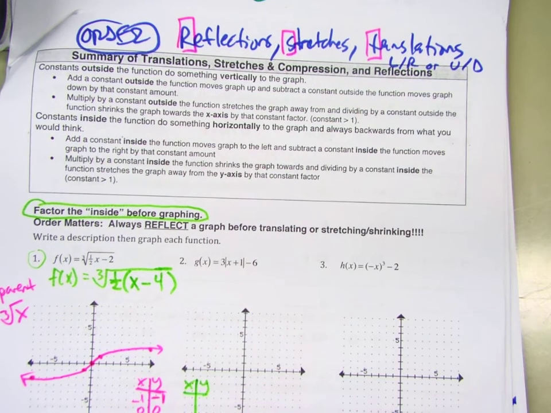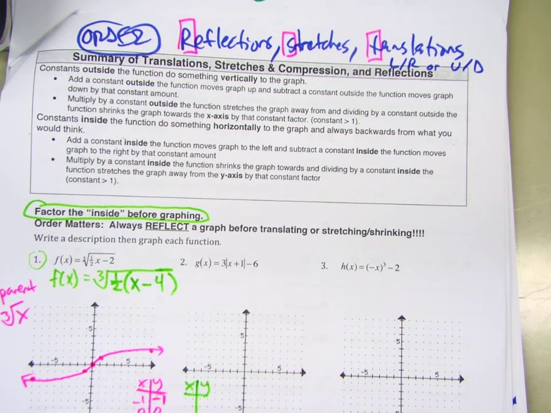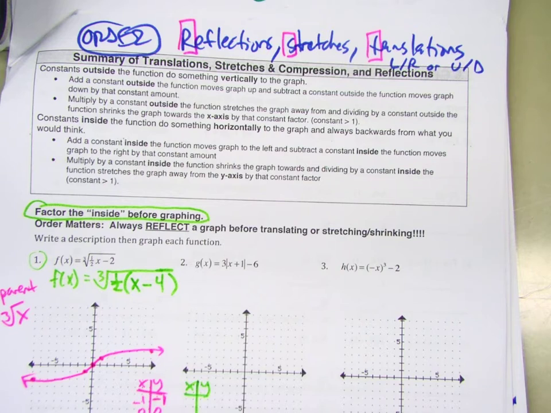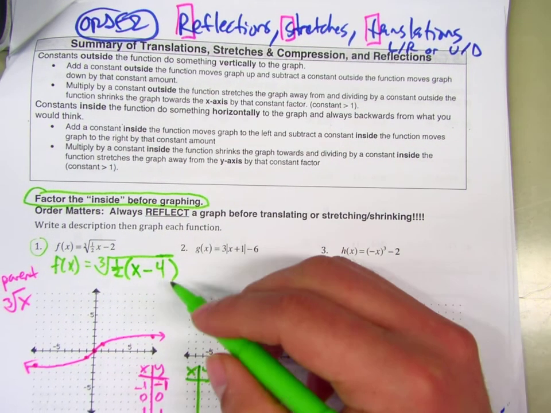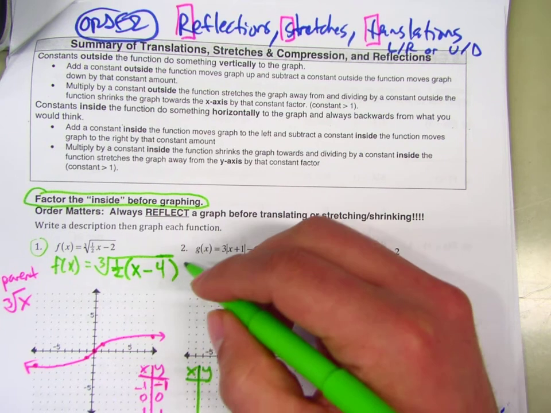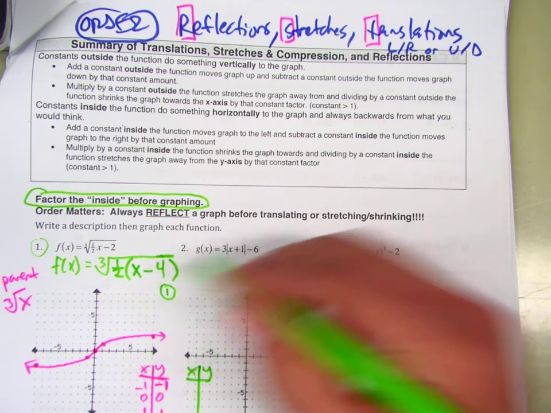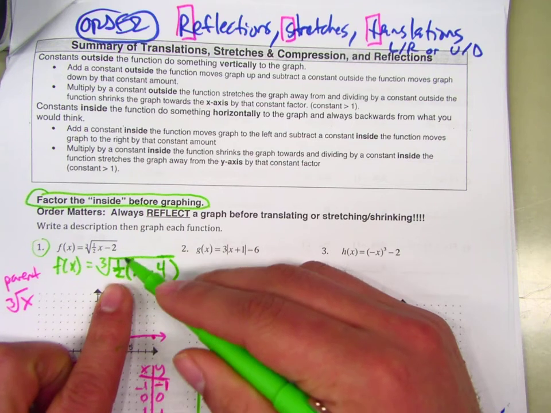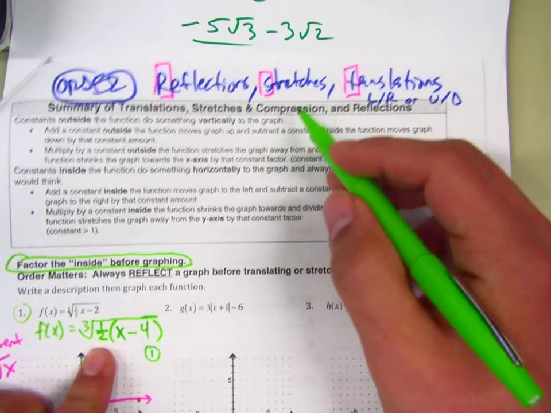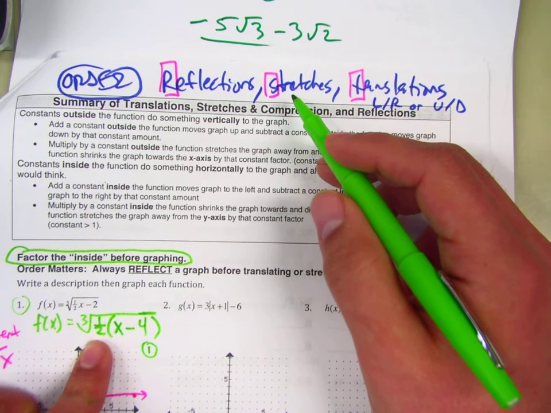Stretches, those are the multiplying and dividing things we just talked about, right? Do we have any of that going on? Yes, right? So first thing I'm going to do, since there's no reflections, is worry about this 1/2. The 1/2 is what stretches or compresses the graph, right?